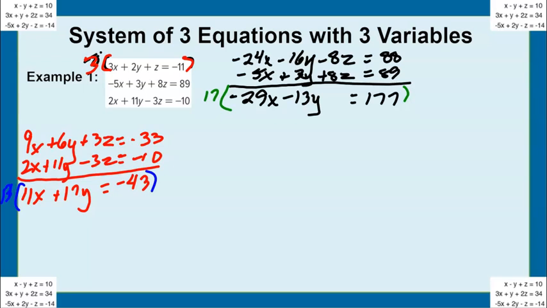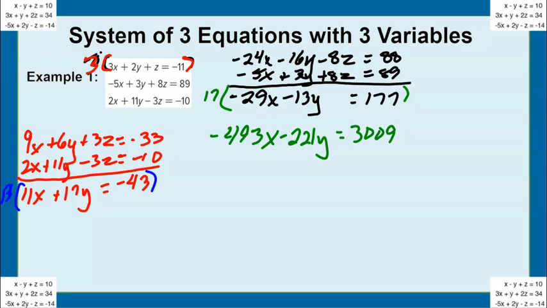So 17 times a negative 29 is going to give us a negative 493x, and 17 times a negative 13y is going to give us a negative 221y equals 177 times 17, which is going to give us 3009.